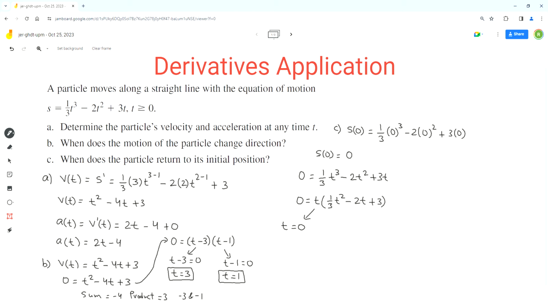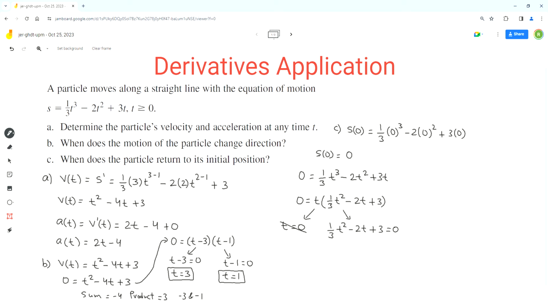So t equals 0 represents the starting time when the particle starts moving. So t equals 0 cannot be the time at which the particle returns to its initial position. So this is an invalid answer. So the second case will be 1 over 3 t squared minus 2t plus 3 equals 0.